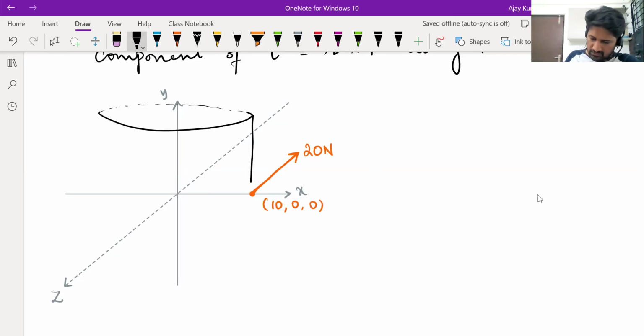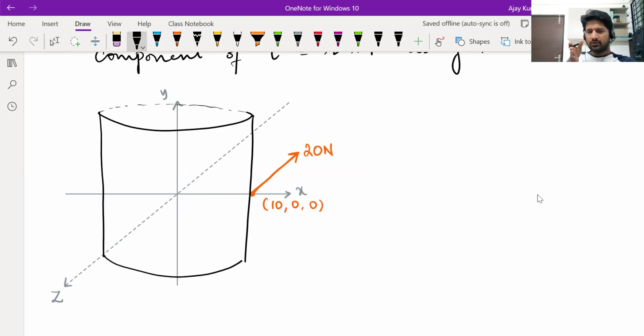Imagine a cylinder like this. Now you are applying a force along the surface of the cylinder tangentially. Then the cylinder is going to spin like this, so there will be a torque produced this way. So this cylinder can rotate about the y-axis, which means this force can produce torque about the y-axis.